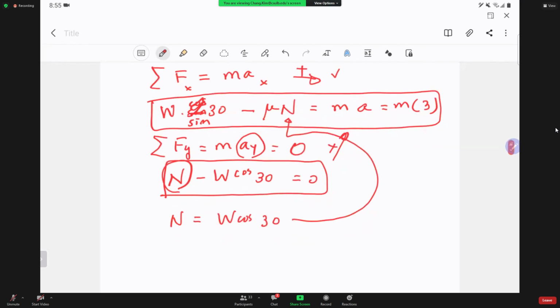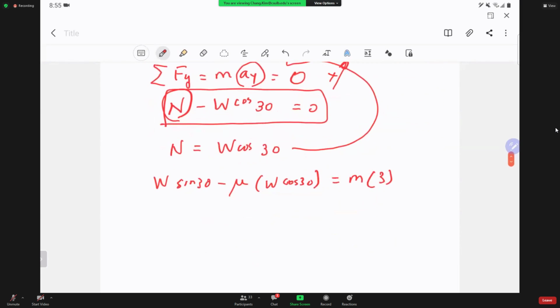So what I am having is W sine of 30 minus mu times W cosine of 30 is equal to mass times acceleration 3, right? Now the mass is basically W divided by gravity times 3. So I can knock this out right there.